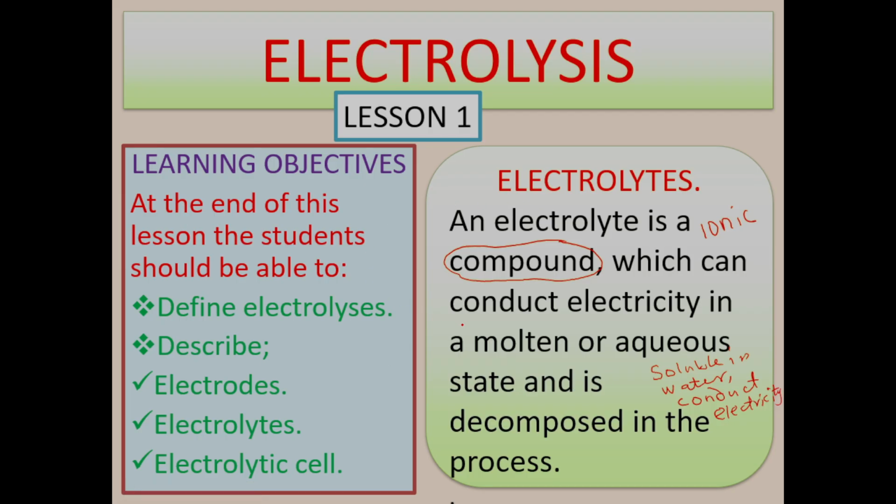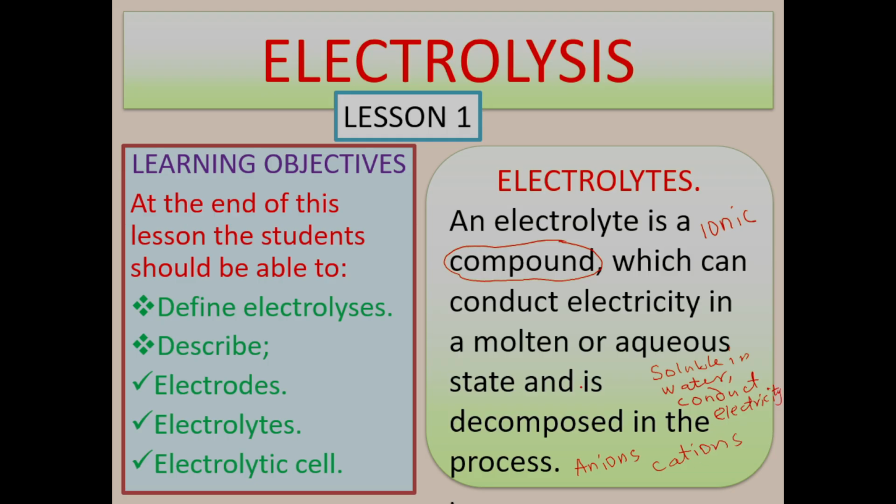Every electrolyte is made up of two ions. They are anions, from the word anode ions, and they are also made up of cations, which means cathode ions.